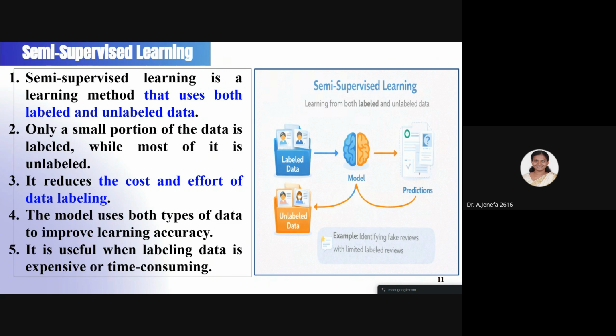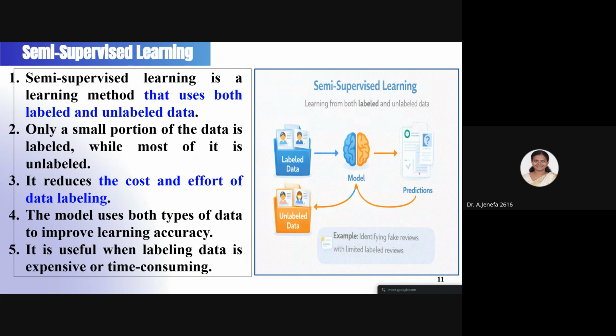Semi-supervised learning is a learning method that uses both labeled and unlabeled data. Labeled data is used in supervised machine learning, and unlabeled data is used in unsupervised learning. So combining both, we have a learning model called semi-supervised learning.